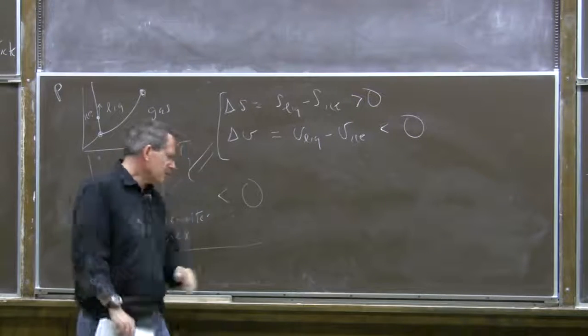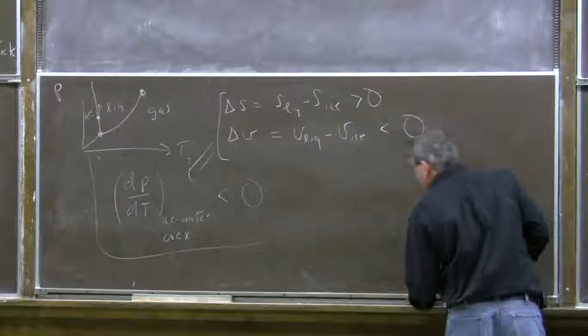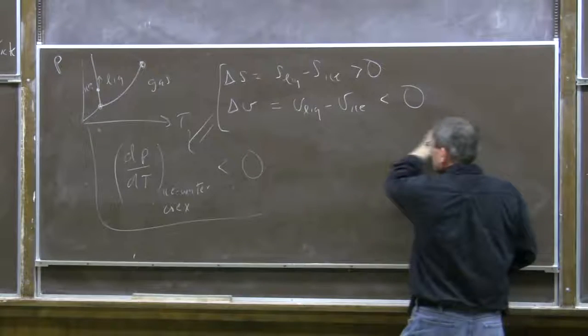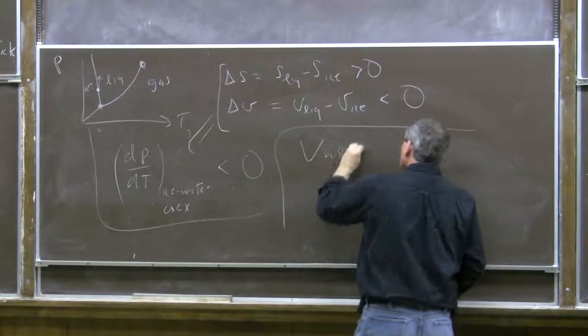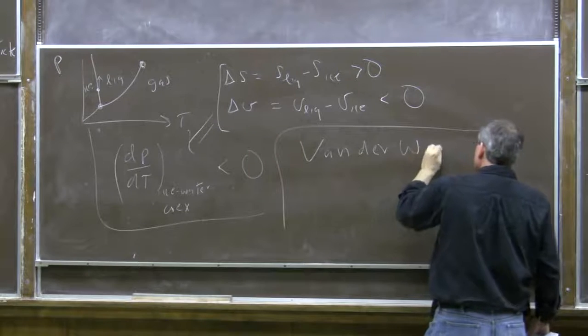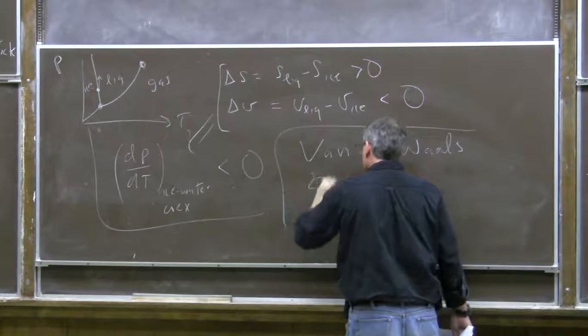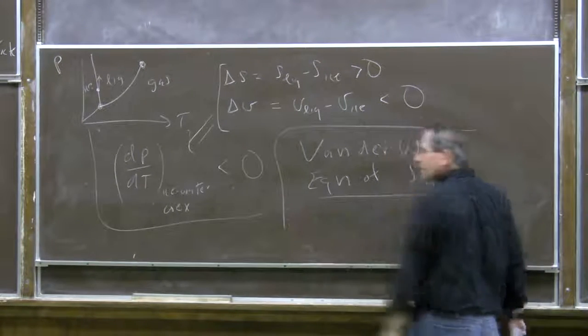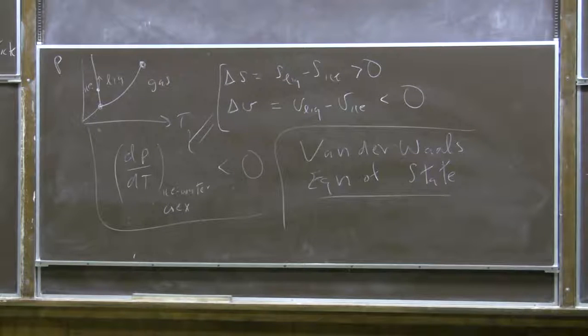Okay, well, I've got 5 minutes. Let me start talking about the van der Waals equation of state. This is kind of a crude model, and it's not one that we should take seriously quantitatively, but it's a useful illustration of how non-ideal behavior of a gas can lead to condensation of the gas to form a liquid.